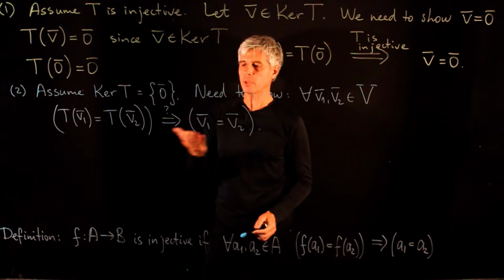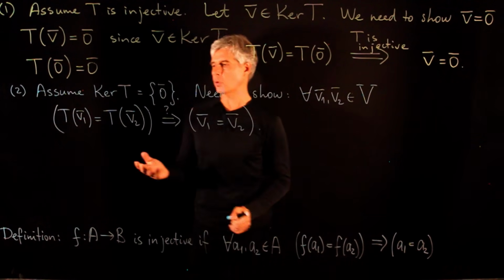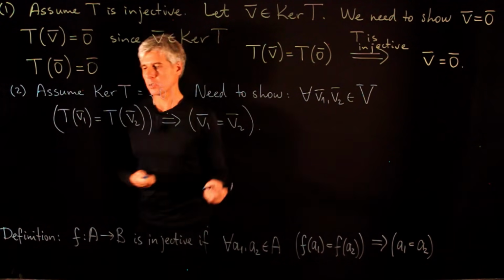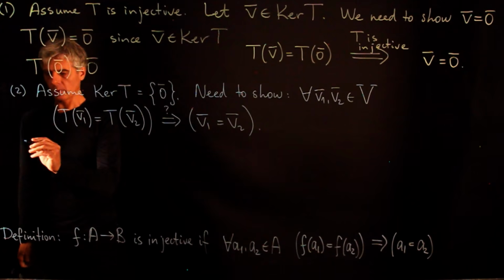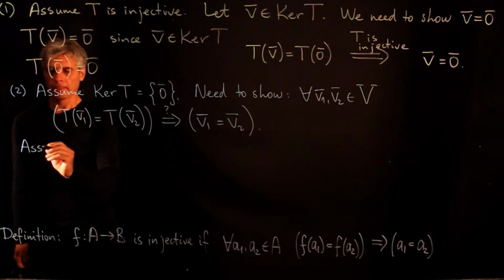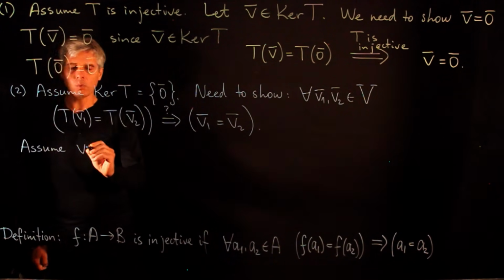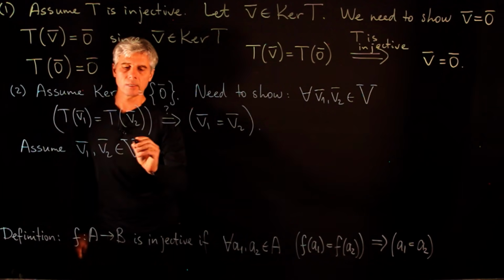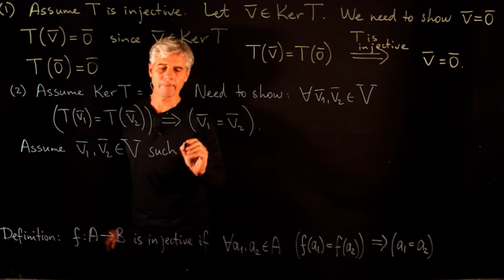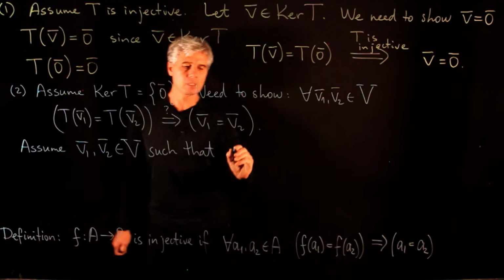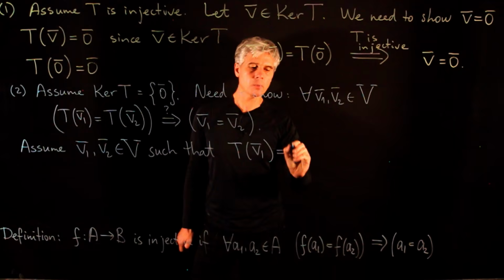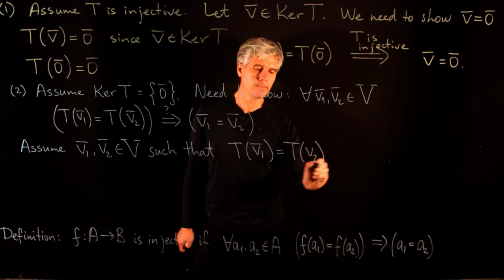Proving that A implies B amounts to assuming that A holds and showing that B holds. So what we're going to do is, now we assume that V1 and V2 are in V such that T of V1 is equal to T of V2.